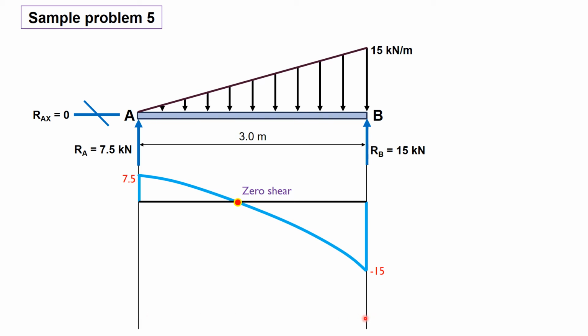So what about the values of moment between A and B? We have shear values here and here, so it is possible that between A and B we will get values of moment. And at this point of 0 shear is the maximum value of moment. This means that if we project this down to the beam, at that point of the beam is the maximum moment.